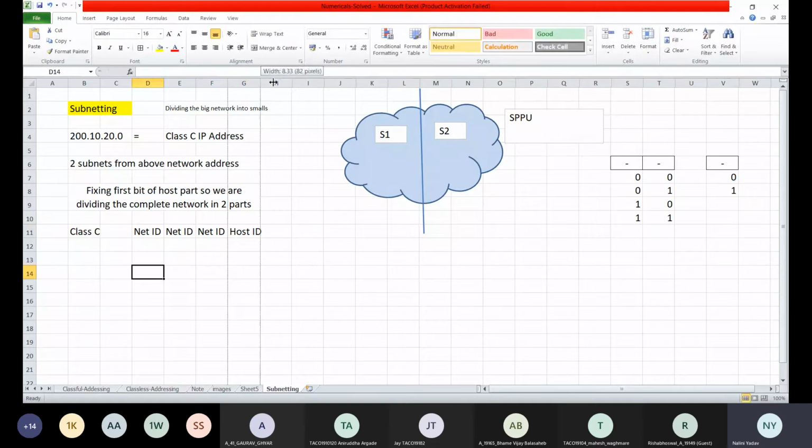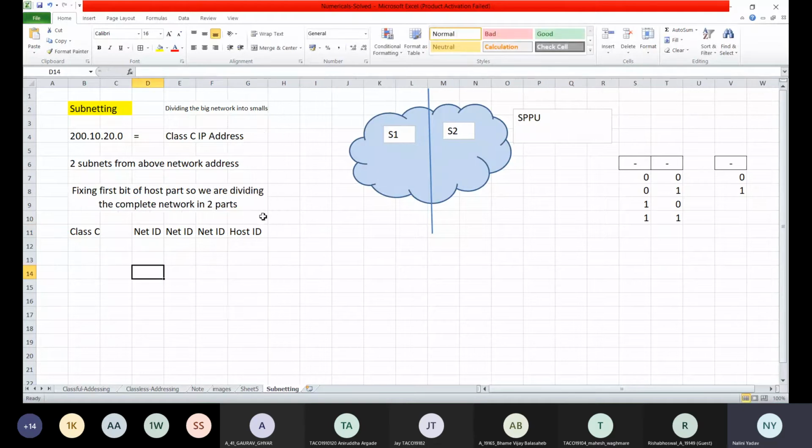I hope this is clear to all of you: my class C address consists of the first three bytes of the network ID part, and the last byte is the host ID part. Now I cannot change my network ID part, right? Because the network ID is fixed.